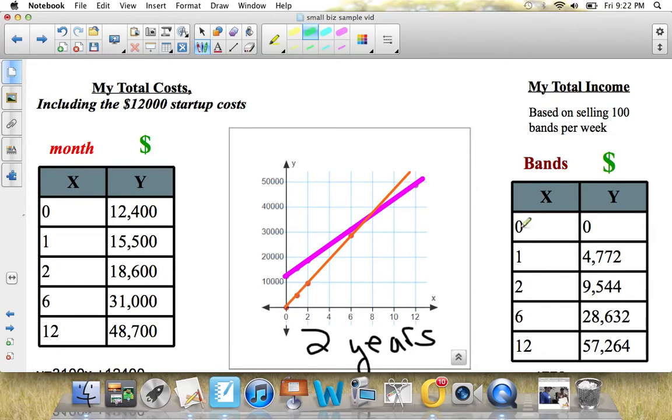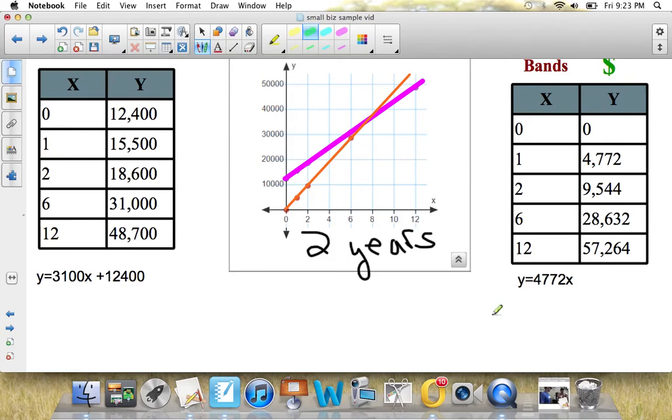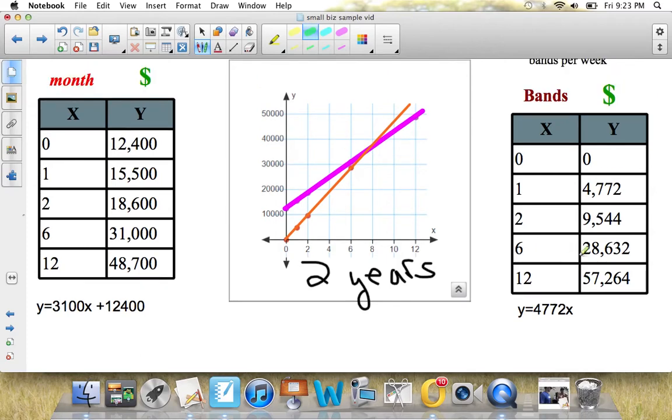So at 0 months, obviously no income. So based on selling 100 bands per week, this is the income. And same thing, we should be able to see it for 2 years. Then this is the equation I could use to solve for income.